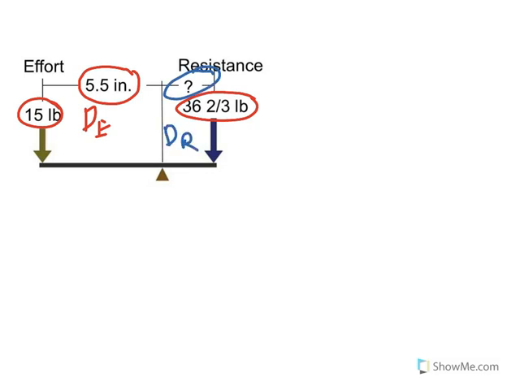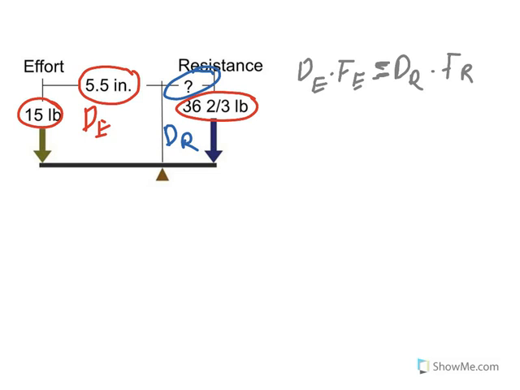To find it, I just need to do the lever moment calculations at static equilibrium and solve for dR. Since I know this is in static equilibrium, my formula is dE times FE, my distance of effort times my force of effort, set equal to my distance of resistance times my force of resistance.